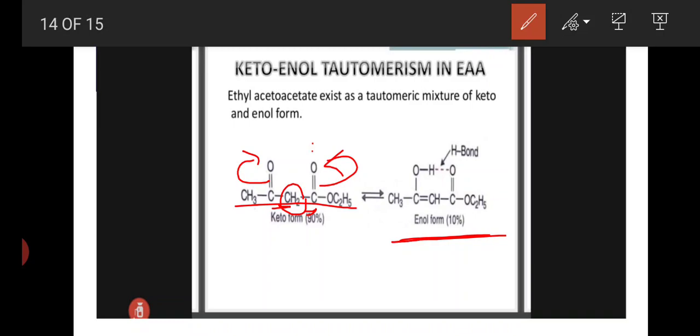Again this hydrogen shifts, the pi bond shifts back, and this enol form turns to keto form. Keto form turns to enol, enol turns to keto form. This is called keto-enol tautomerism.